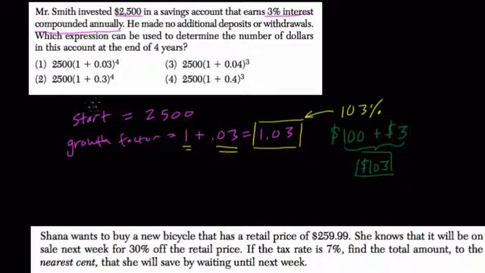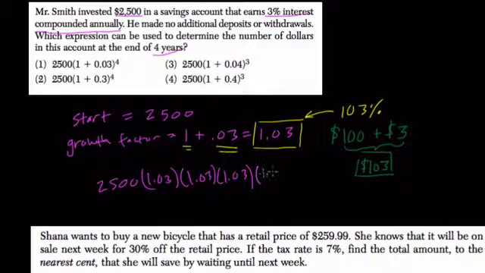So to calculate this, you're going to multiply by 1.03 over and over again each year. Here, I think they're asking for 4 years. Yes, you do 2,500 times 1.03 the first year. You would get a number. Multiply that by 1.03, multiply that by 1.03, and multiply that by 1.03.